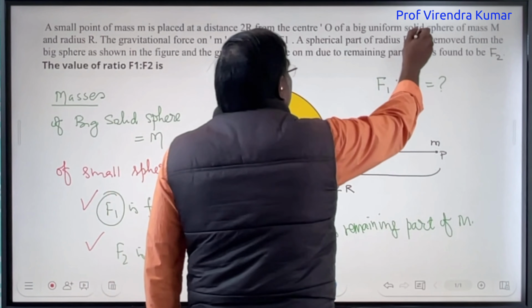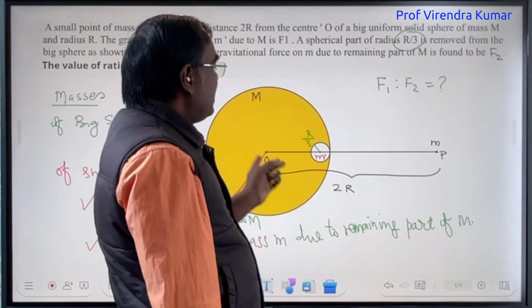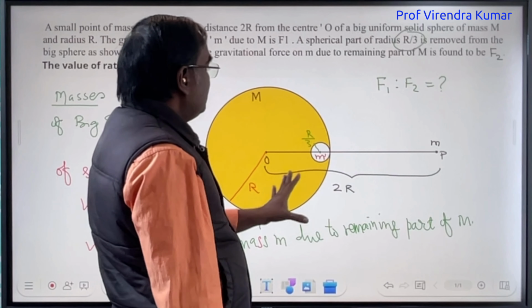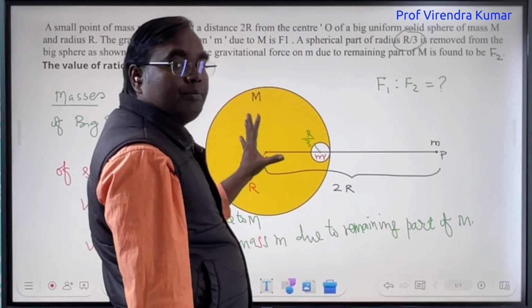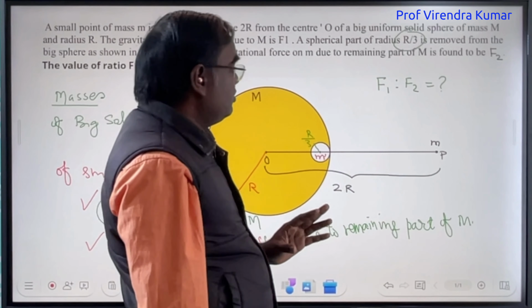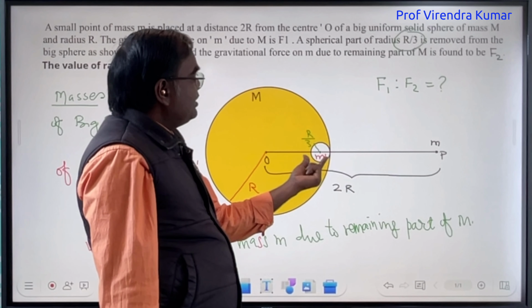Before removing, the force is F1, and after removing, the force due to the remaining big part of the sphere is F2, and the carved out small spherical part has the mass M prime. So these are the things.